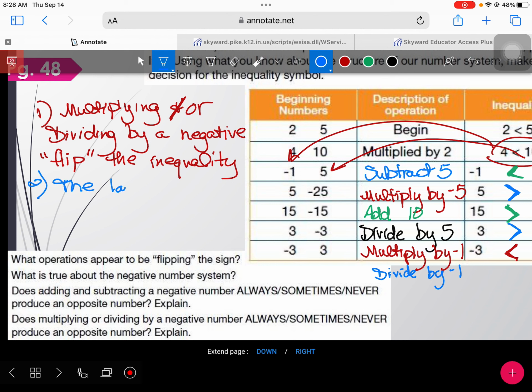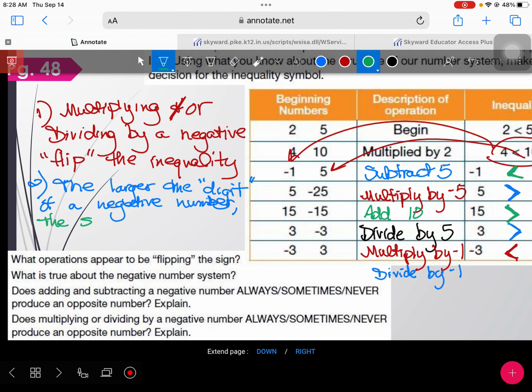Maybe you write something about this. The larger the digit, and I say digit, I'm putting it kind of in quotes, the larger the digit of a negative number, comma, the smaller or the less value it is.